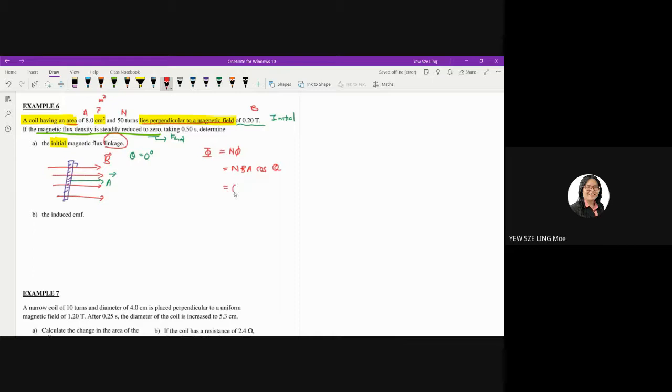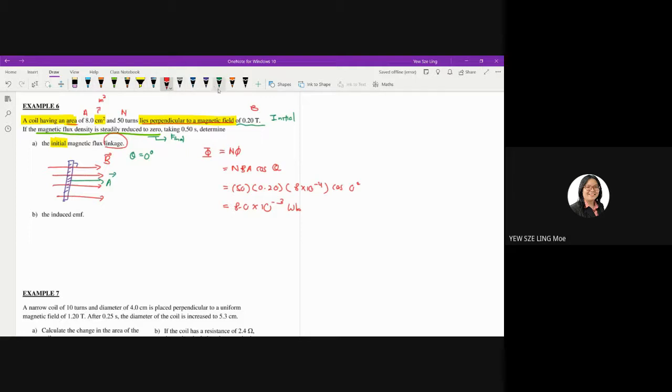Given N is 50, B is 0.20, area 8 times 10 to the power of negative 4, cos 0 degree. So it equals 8.0 times 10 to the power of negative 3 Weber.